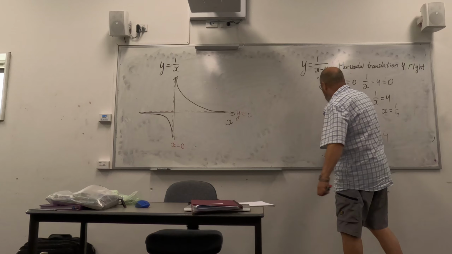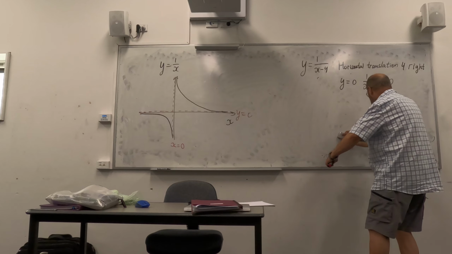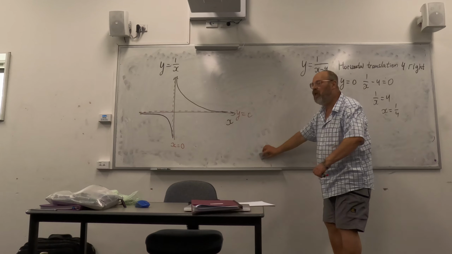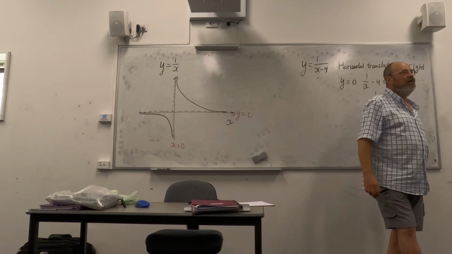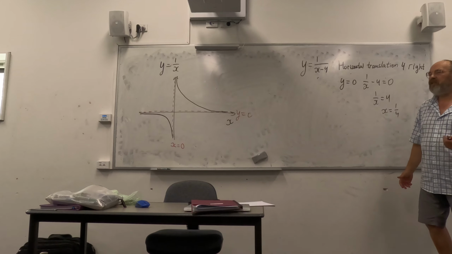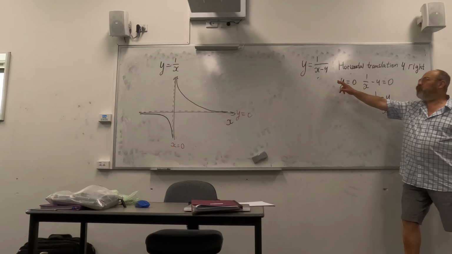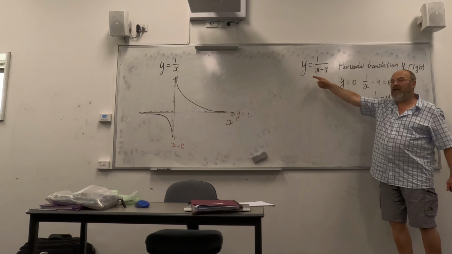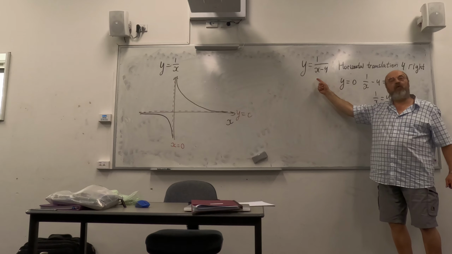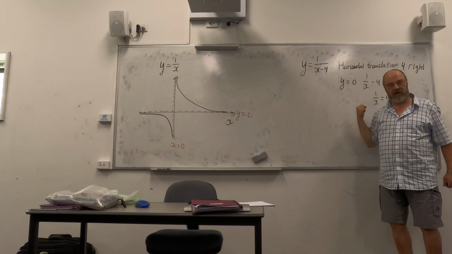Why to the right? Strictly mathematically, we will see later on. But just thinking about it: to get the same y, we need x to be 4 bigger, because we're subtracting 4.